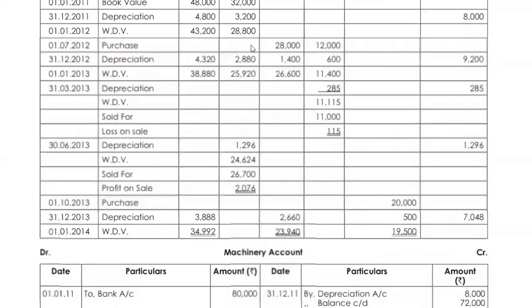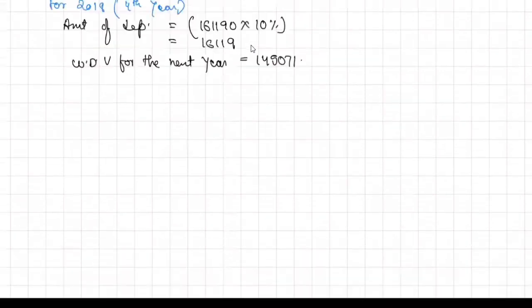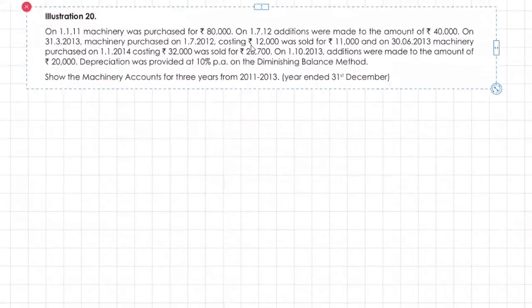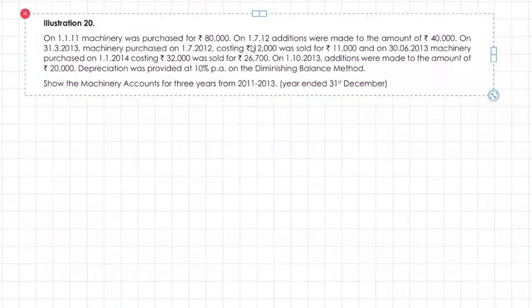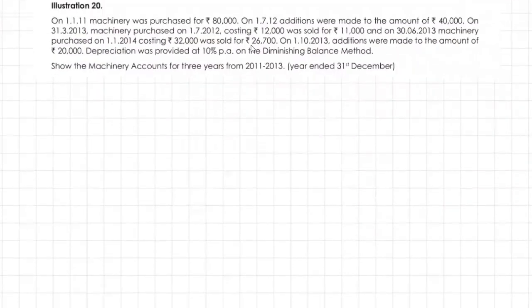So let's do one thing. Now. Let's solve this question. It's better if we solve this. Give me a second. I need a fresh page. I think the question is visible, correct?